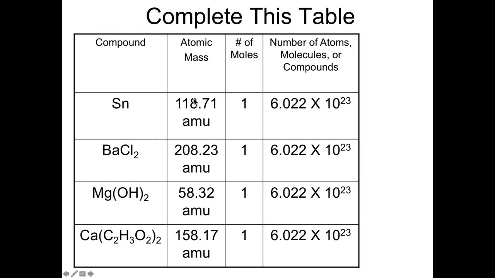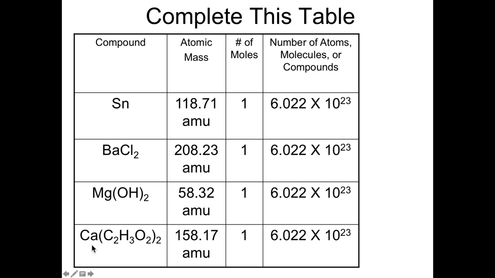Okay, here we go. If you look at the periodic table, tin has an atomic mass of 118.71. Barium chloride, we have 1 barium and 2 chlorines. That's going to be 208.23. Magnesium hydroxide will have 1 magnesium, 2 oxygens, and 2 hydrogens, which will be 58.32.